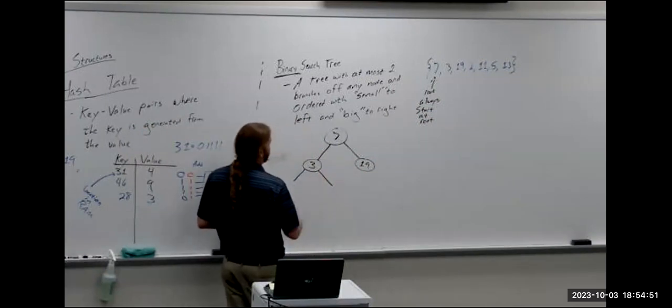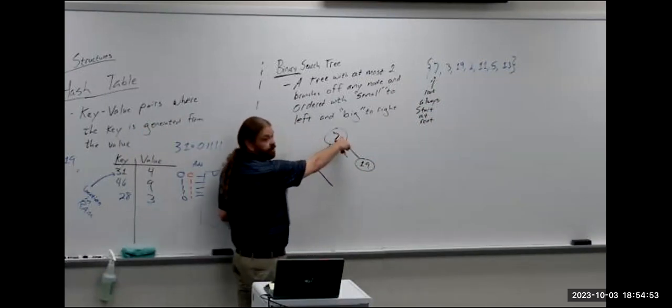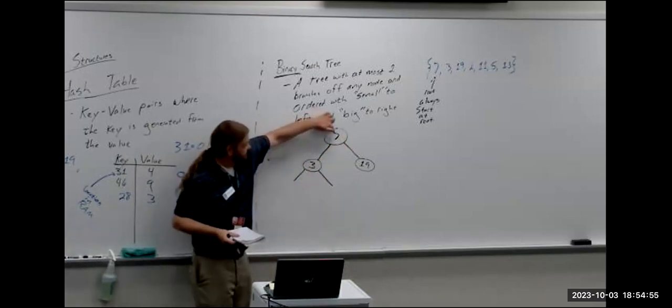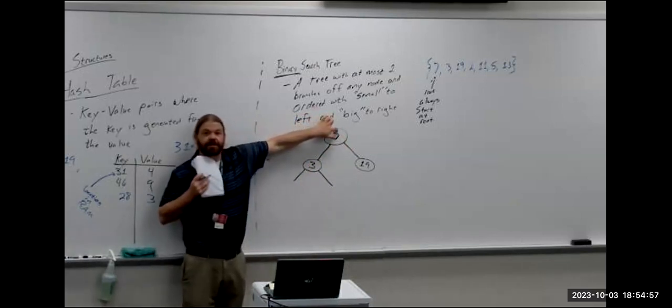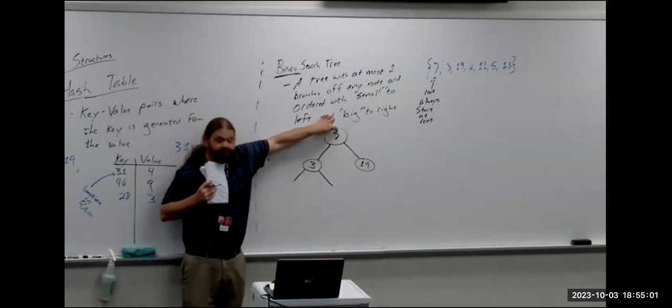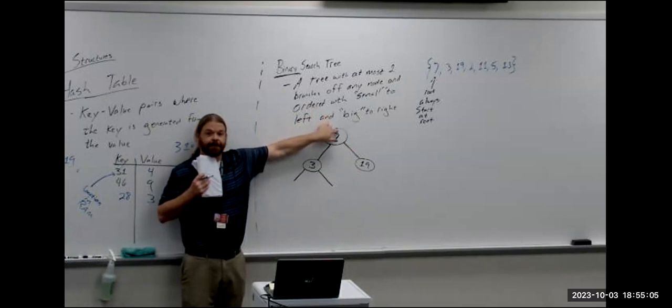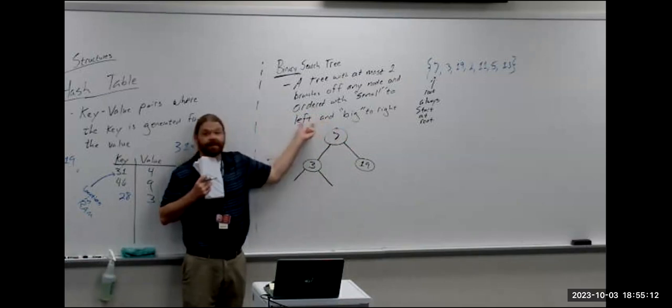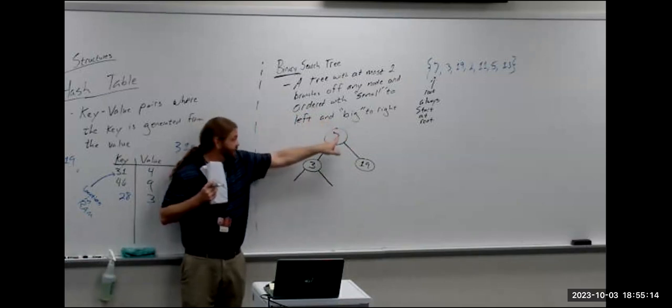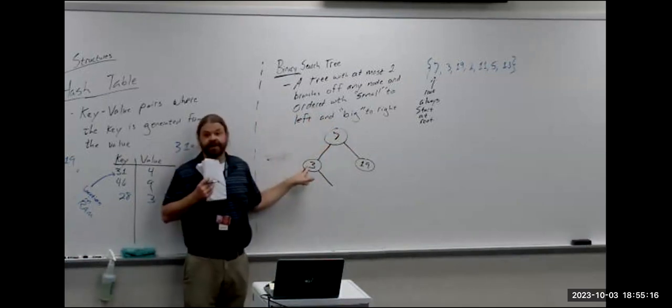A 2, so we go back to the root. Somebody on the Zoom call. Joseph, which way do I go to place a 2? Left. Yes. So we go left.